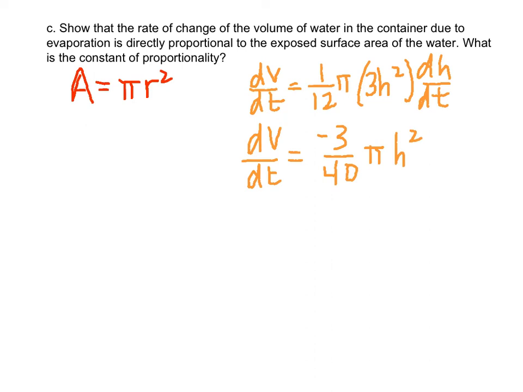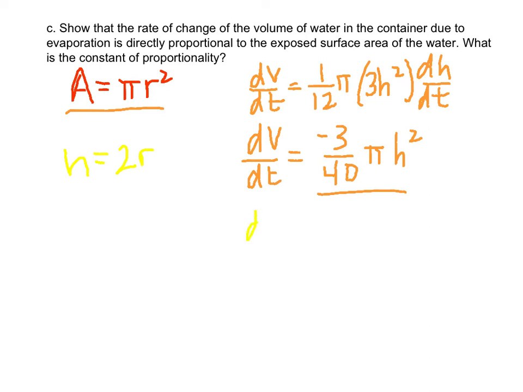Now, because this equation has radius and this one has height, you need to somehow make an adjustment to be able to make a relationship. So, we know that from the previous relationship that the height is equal to twice the radius.